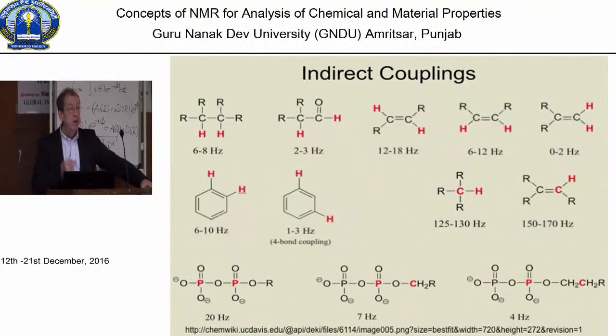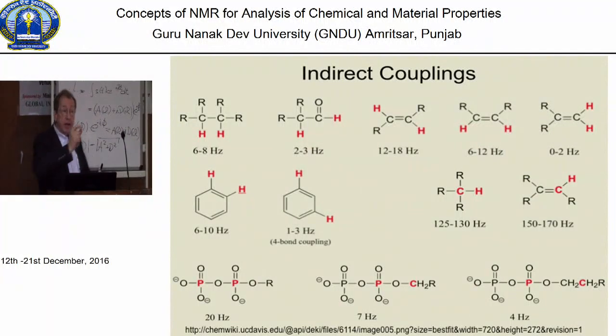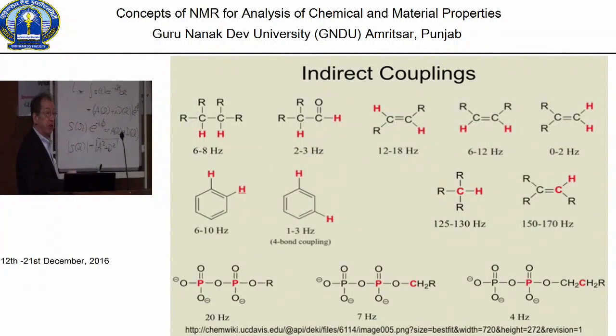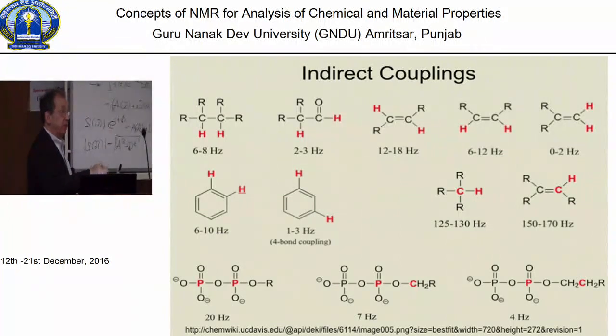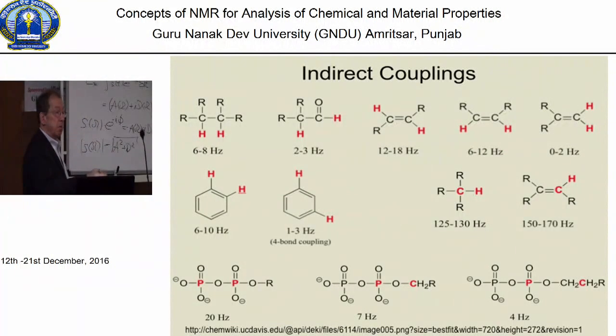Okay, now indirect couplings. Chemical shift bears a chemical signature. So chemical analysis is based on the chemical shift. But also the coupling, the indirect coupling, the J coupling, which we discussed before with a very complicated approach with our tensors. Also, the J couplings are characteristics of the chemical structure.